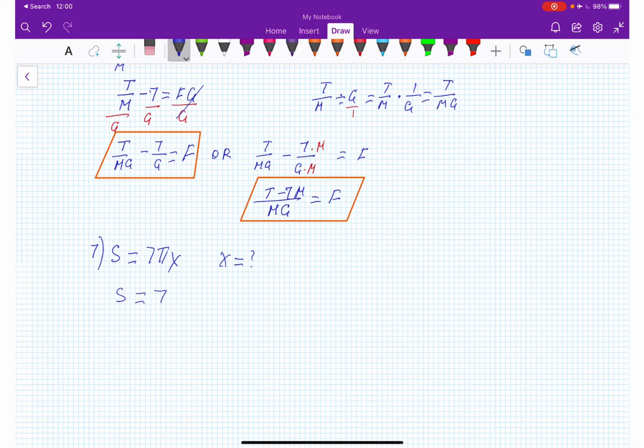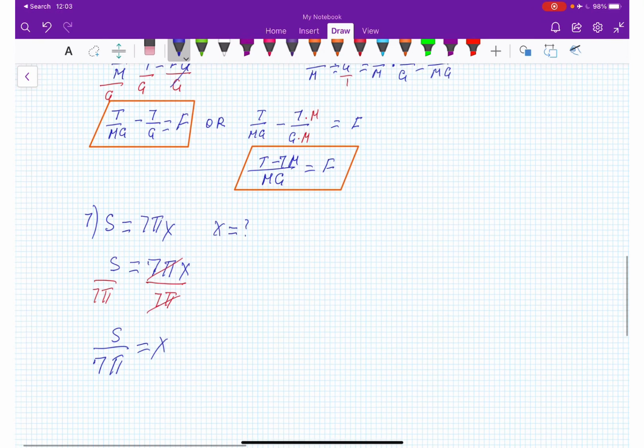Divide by how much? If we want to find x, everything else that's attached to x is considered a coefficient, which in this case is 7 pi. Divide by 7 pi, divide by 7 pi. This is gone with this, and we have s over 7 pi is equal to x.